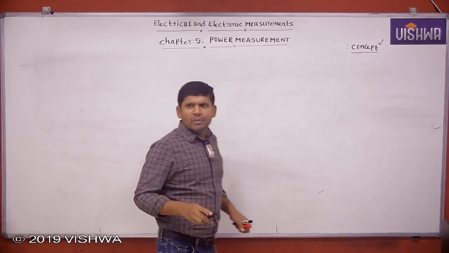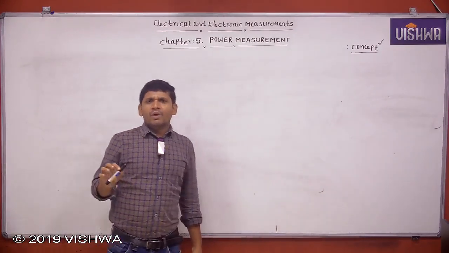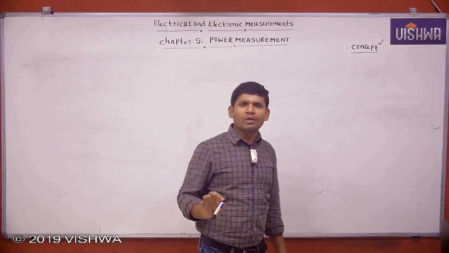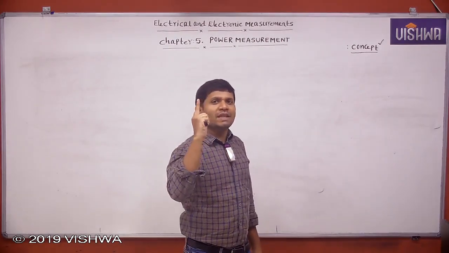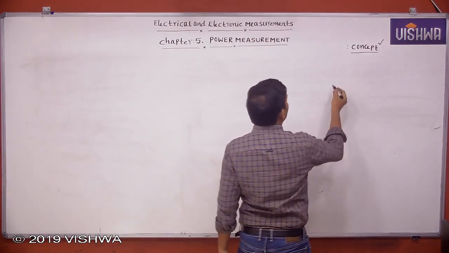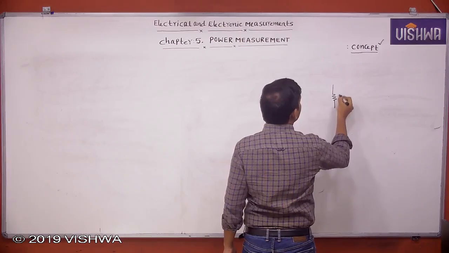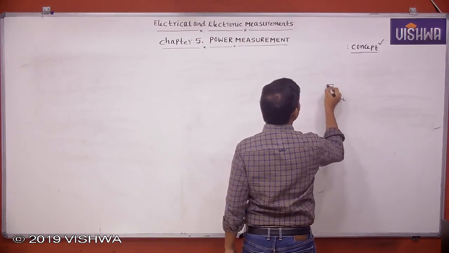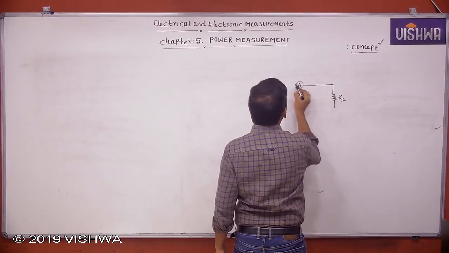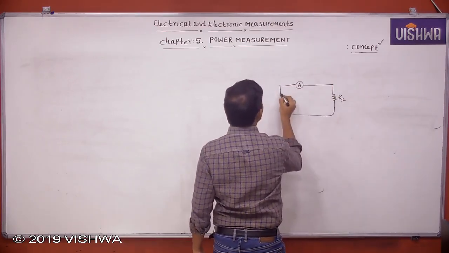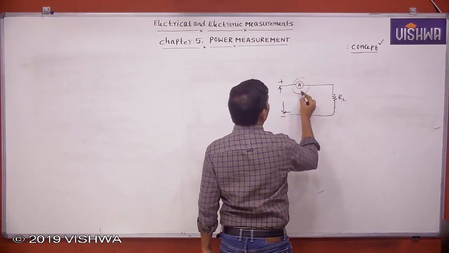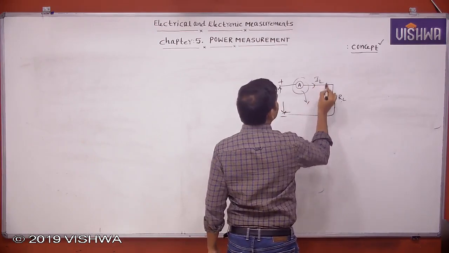One more point to remember: if the load resistance is a known value, using a single ammeter also we can measure the DC power. For example, if this RL is a known value, then we can connect only an ammeter, no need of any voltmeter. The supply is DC supply. Then we can measure the current, let this be IL.